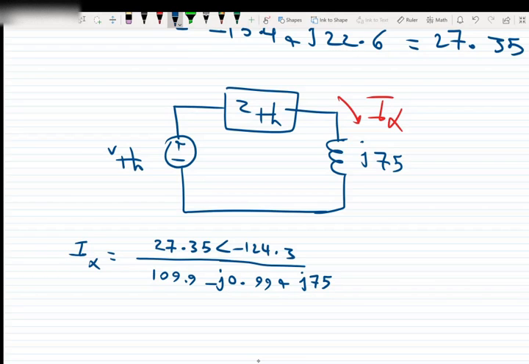Okay, so we calculate this number, which is equal to 0.206 with the angle of negative 158.